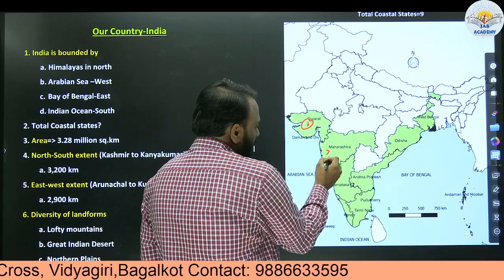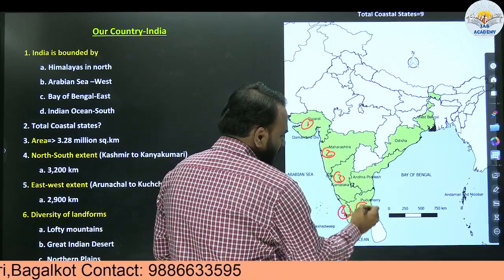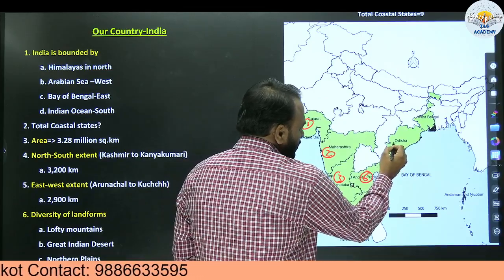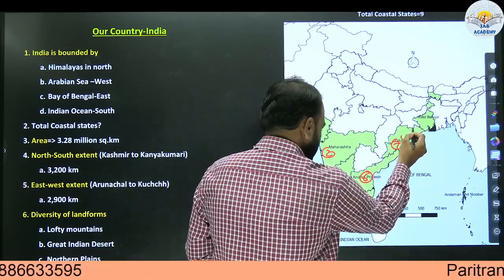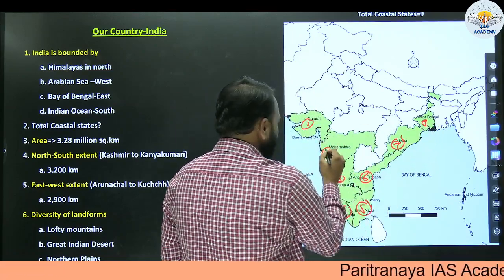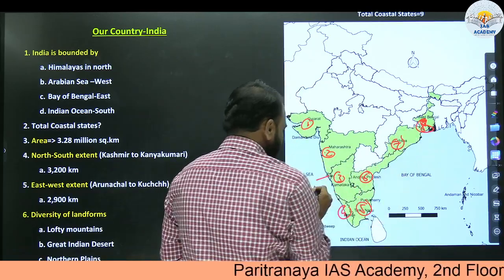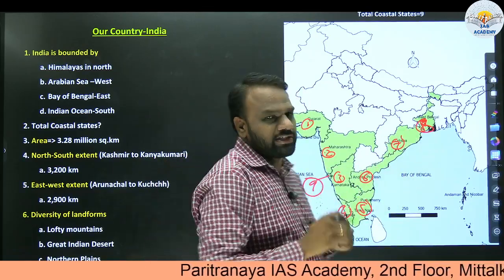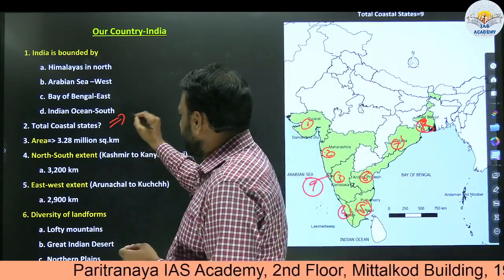Gujarat, Maharashtra, Karnataka, Kerala, Tamil Nadu, Andhra Pradesh, Odisha. Somewhere we are missing one. Here Goa is missing. So totally 9 coastal states.